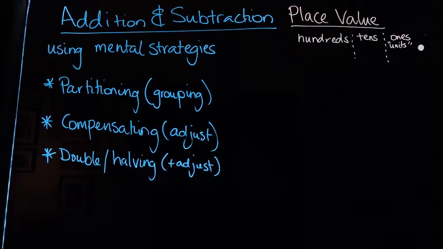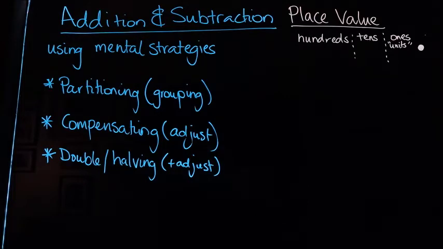In the book you will see that referred to as partitioning. You will see instructions for working through compensating, and there'll be instructions there for you to double and halve the numbers.